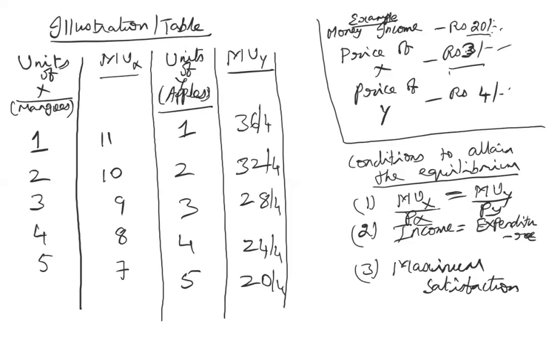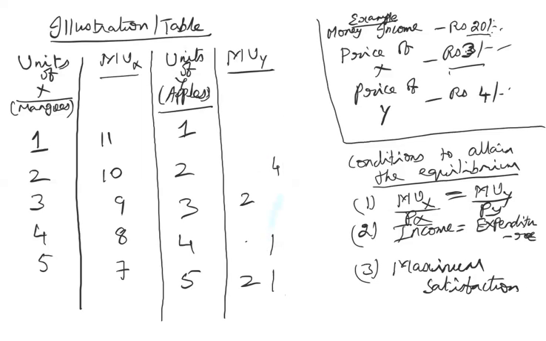In the same way, if we divide this, we are getting 9, 8, 7, 6, and 5. So now, what is the first condition?